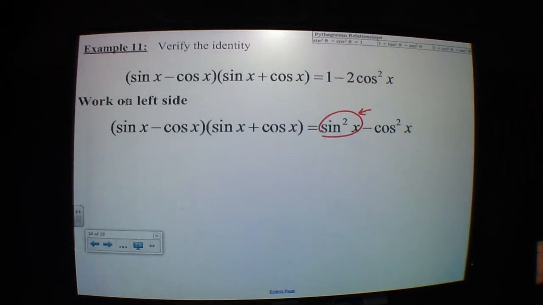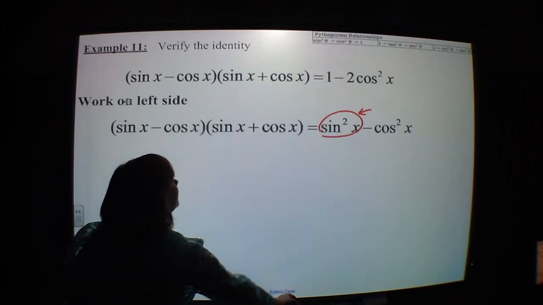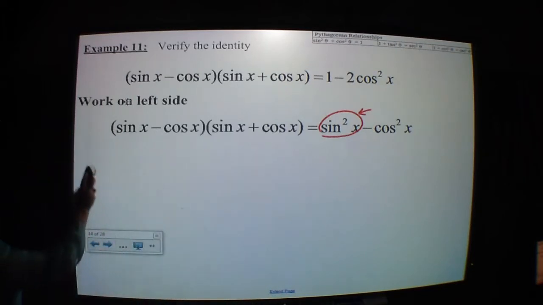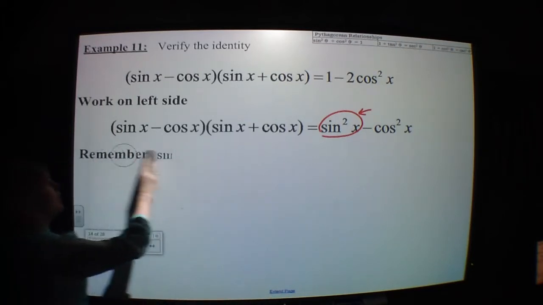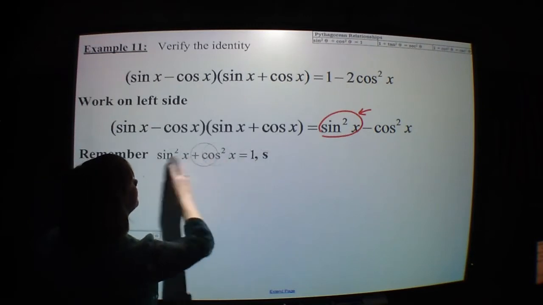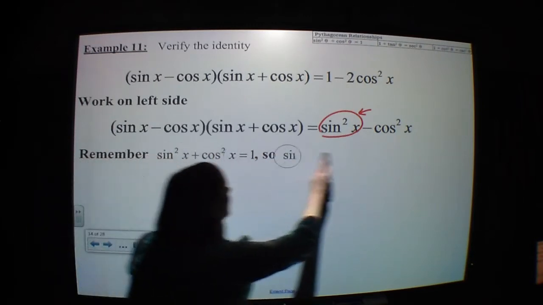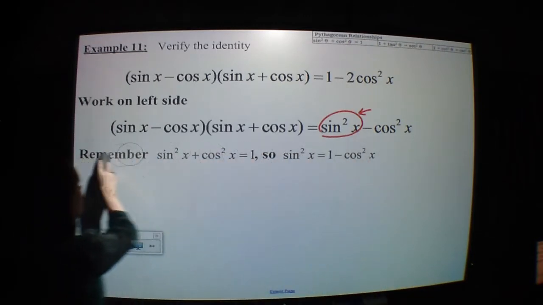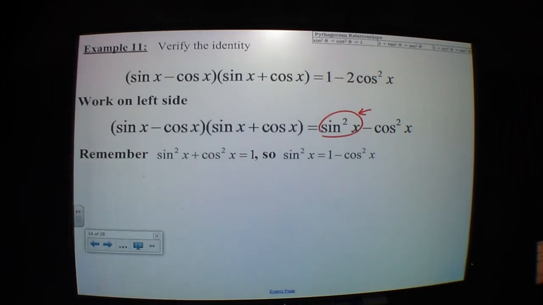Look at your relationships. Sine squared plus cosine squared is equal to 1. So sine squared is 1 minus cosine squared. Remember that, so sine squared plus cosine squared of x is equal to 1, so sine squared of x is equal to 1 minus cosine squared of x.